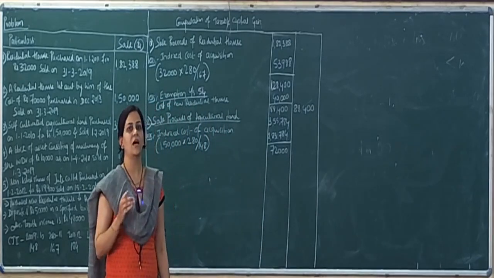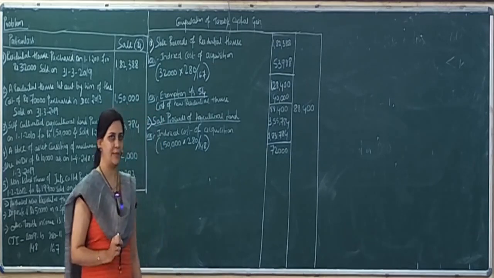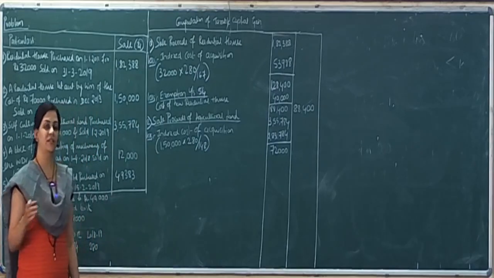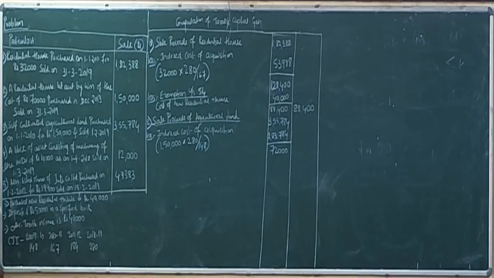Okay, so again for this capital asset we need to check whether there are any exemptions available under this particular capital asset. So we have to check whether he has purchased any new agricultural land, purchased a new residential house, deposited rupees 50,000, and other taxable income.